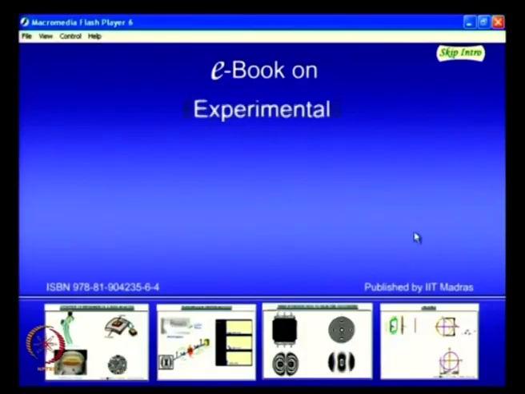And for this course, I would essentially use my e-book on experimental stress analysis.